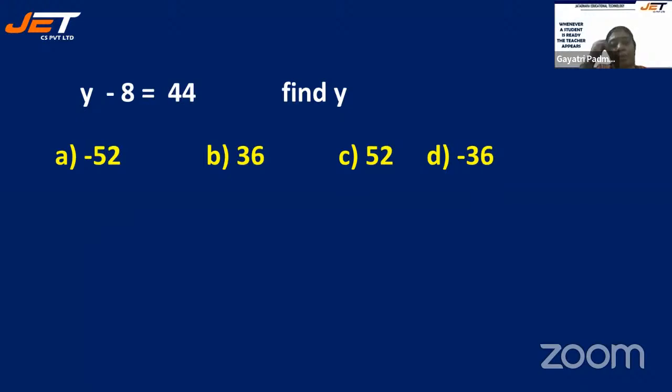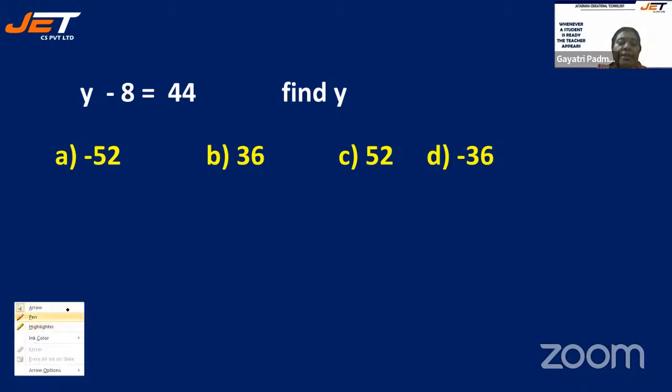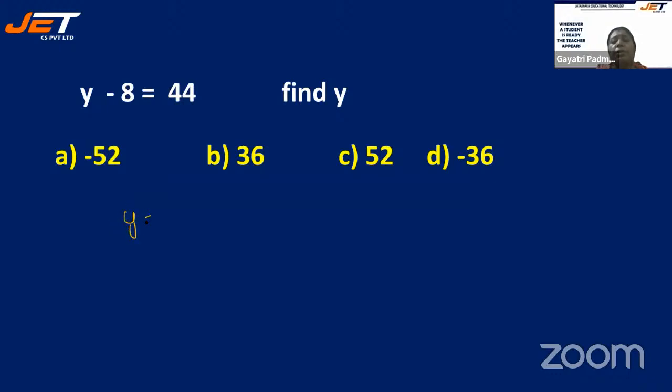I'm sure you'll be able to do this. y minus 8 is equal to 44, and we need to find the value of y. The same strategy has to be followed. Less than 30 seconds should be taken for such questions. It's a very simple one. So y is equal to whatever is there after the equal sign, you just have to write.